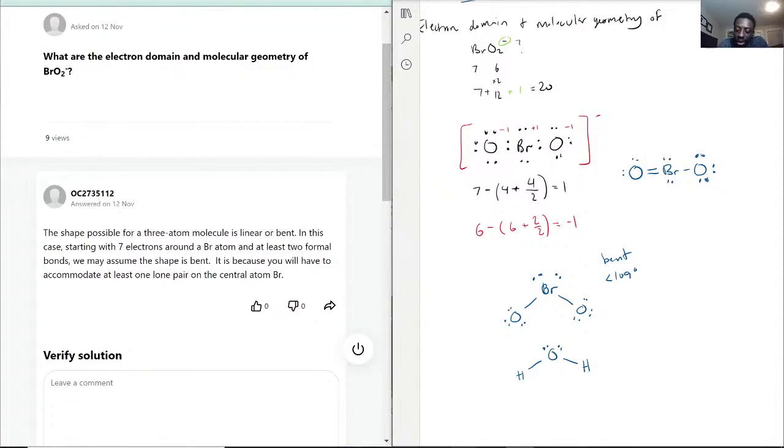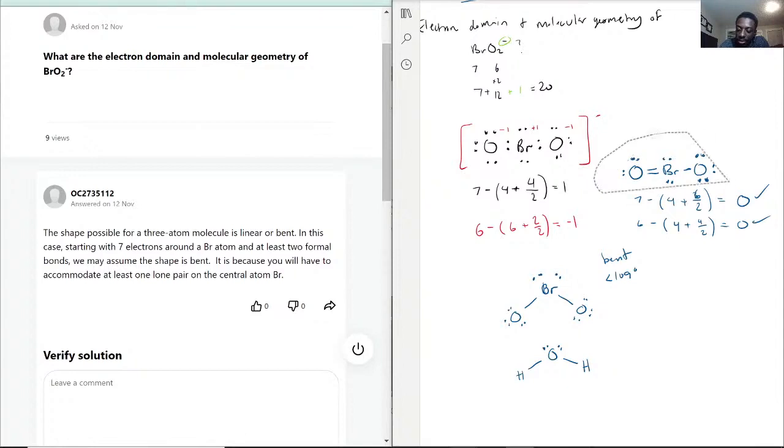The bromine is 7 minus 4, plus 6 over 2, because now there are 3 double bonds in total, and that equals 0. For the oxygens, 6 minus 4 plus 4 over 2 also equals 0. So technically, if it could break the octet rule, this would possibly be its more stable form.